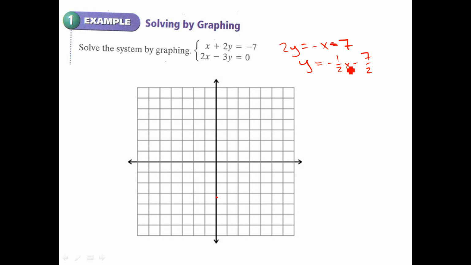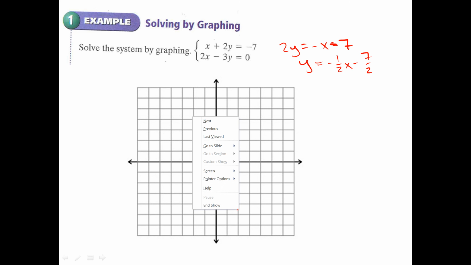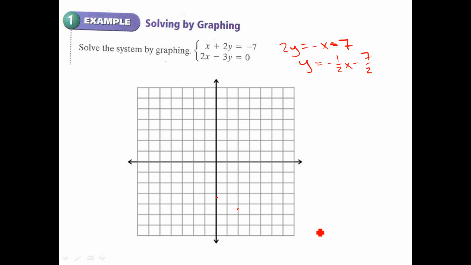And then we're going to go down 1 and over 2. And we'll connect our lines. I could go another down 1 over 2, and we could go up 1 and over 2 in the other direction and connect all our lines like that.